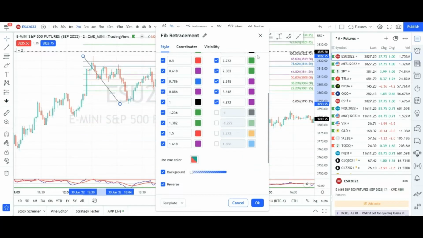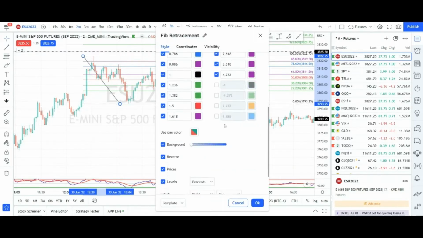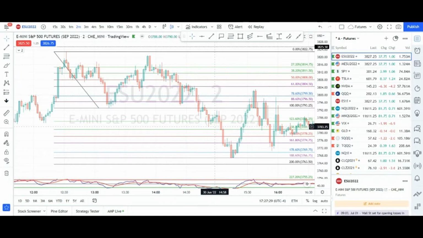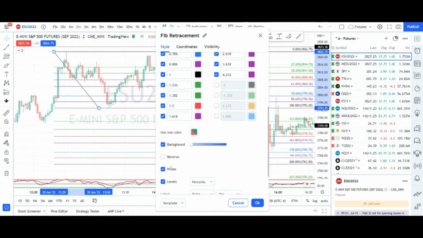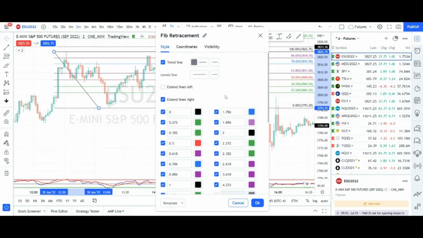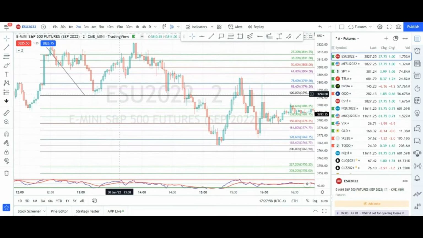So even if you get yourself in the trade from around this level, below 3818, and if you carry on to 161.8%, if all things go in your favor, then you can take almost 43 points.